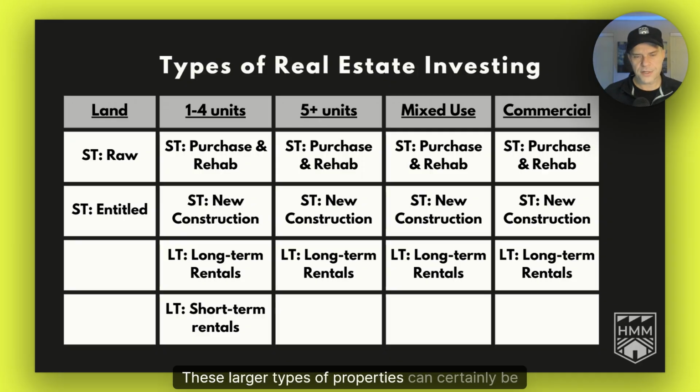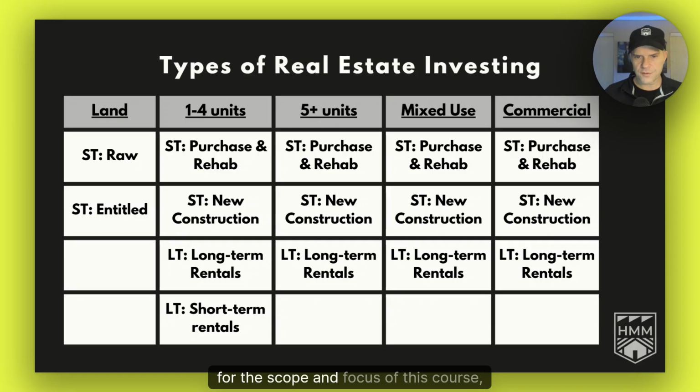These larger types of properties can certainly be a destination for many real estate investors later on in their journey. While it may be much more efficient to have larger properties producing income than 20, 30, 40 units of 1 to 4 size, most investors do keep the 1 to 4 unit focus as they just simply can't get that big or don't want to go in this direction, or simply don't have the interest or capability to get into these more expensive and more complicated properties.